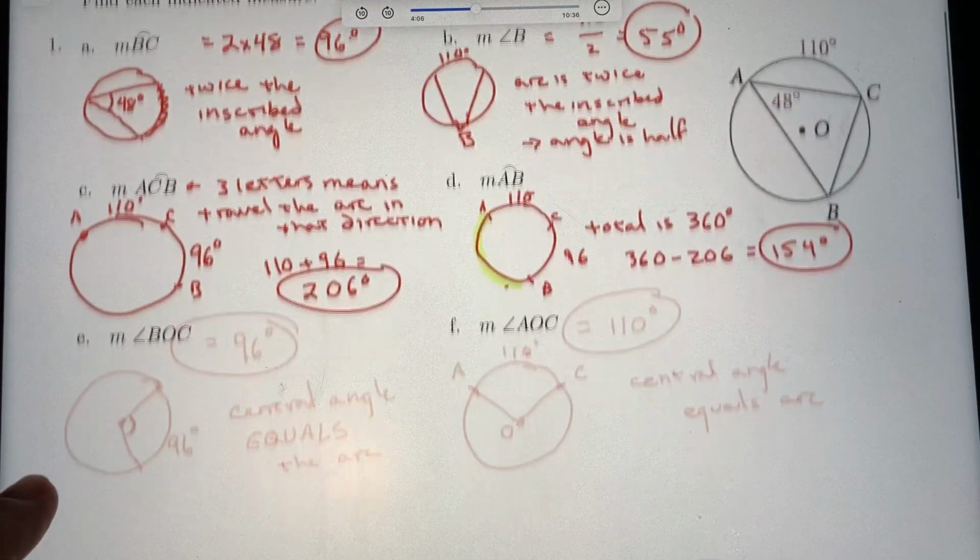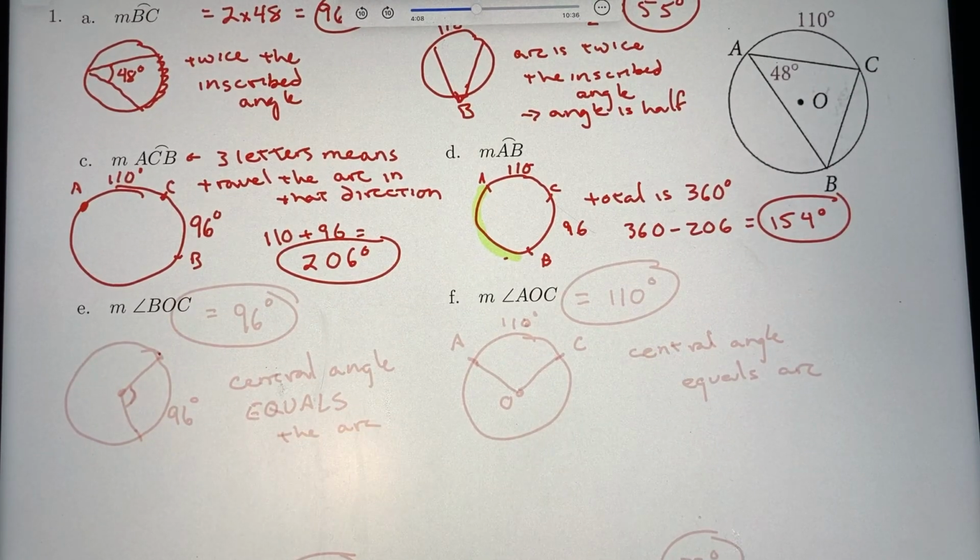Okay. BOC is the central angle going through O. So this is 96 degrees of arc.